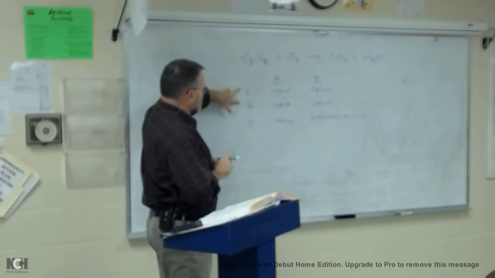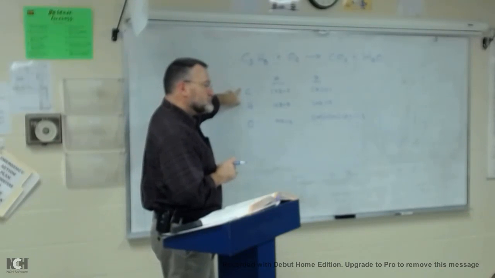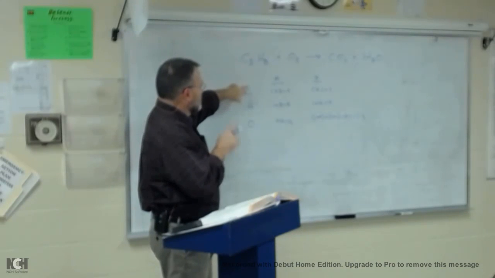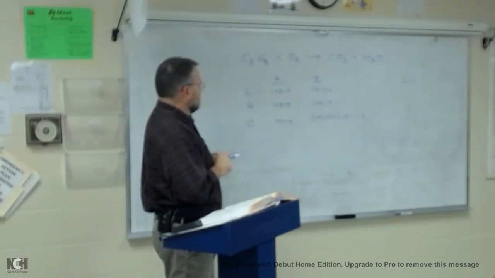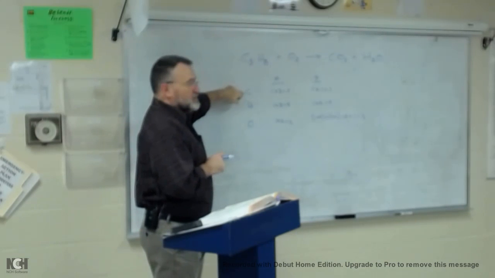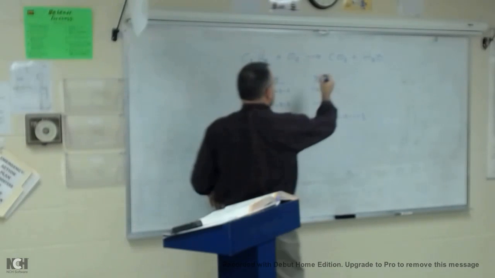Look at these two. Which do I need more of? And where? Okay. Carbons. I need more carbon on the product side. To get more carbon on the product side, what am I going to do? Put 3 in front of the carbon dioxide, right?